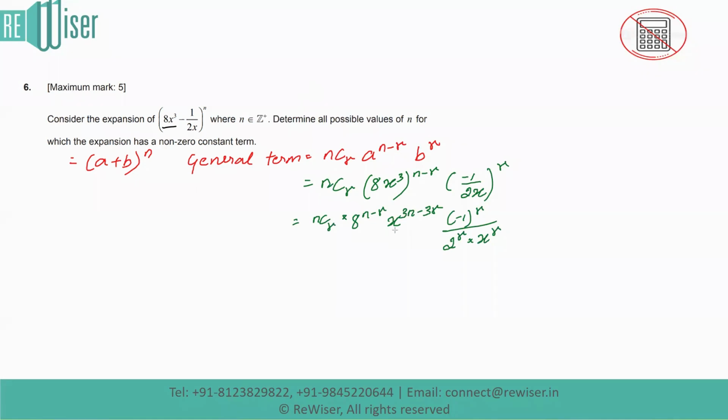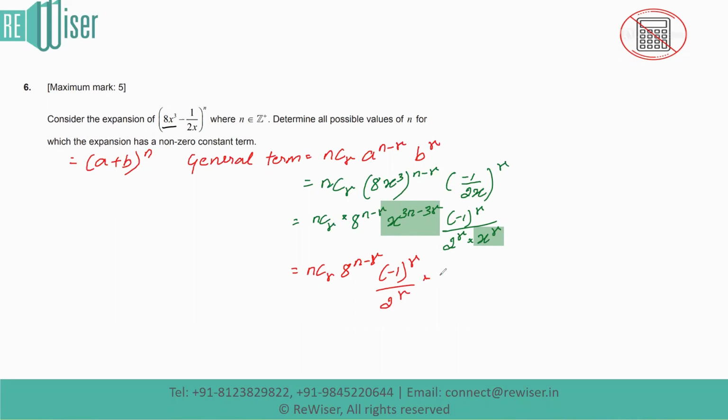Now, I can also combine these two, and the remaining terms I'm going to keep as they are. So it's going to be nCr times 8ⁿ⁻ʳ, and I can also write this one at the front: (−1)ʳ divided by 2ʳ. And this looks like aᵐ over aⁿ, which can be written as aᵐ⁻ⁿ.